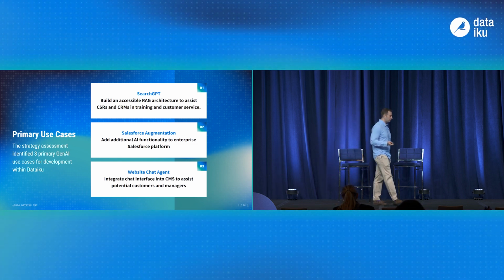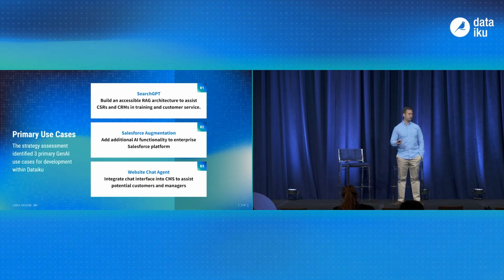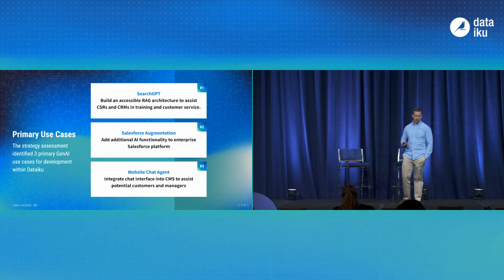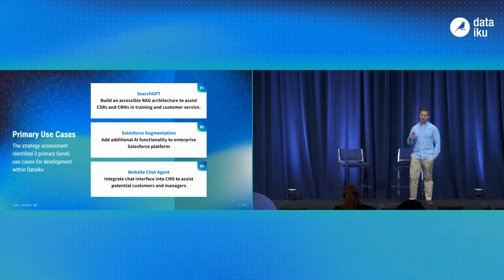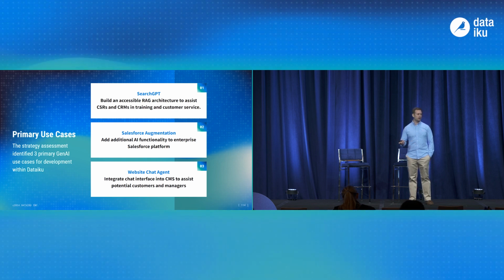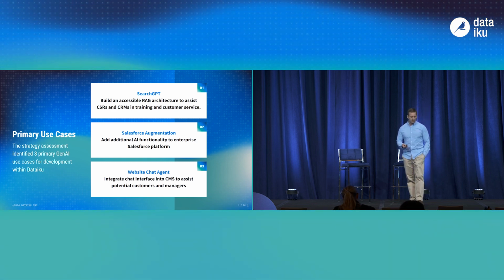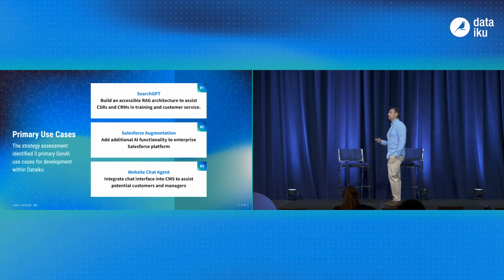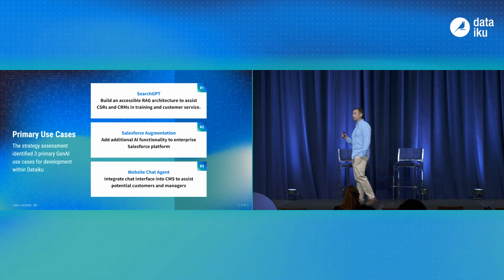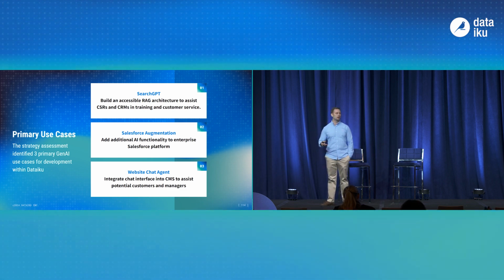In this case, the ones we identified were building a RAG architecture, like has been mentioned in some of the previous talks, integrating some of the RAG architecture components with existing enterprise software, in this case Salesforce, and then additionally building a GenAI agent that we could embed into the homepage of their main website so that incoming customers can interact, ask questions about the product offerings and that sort of thing.